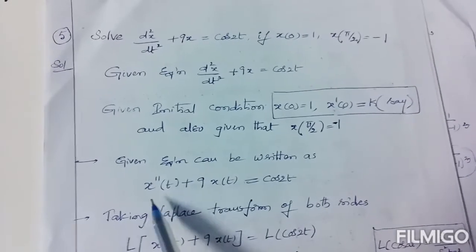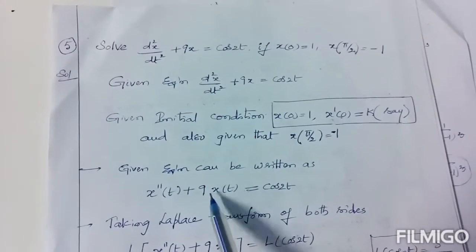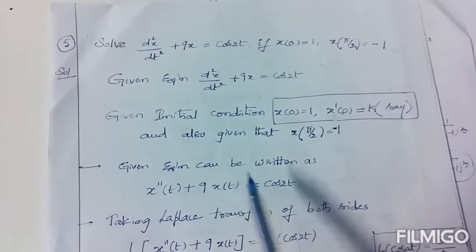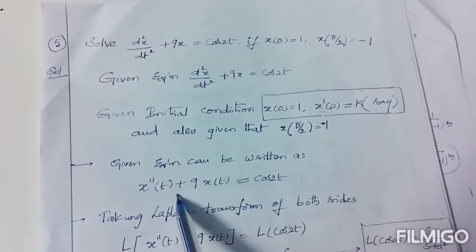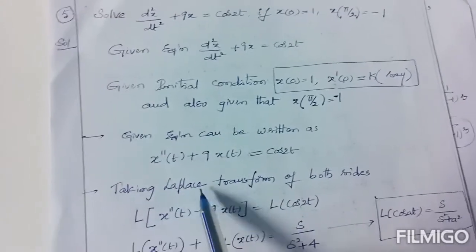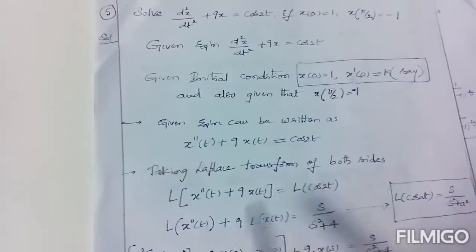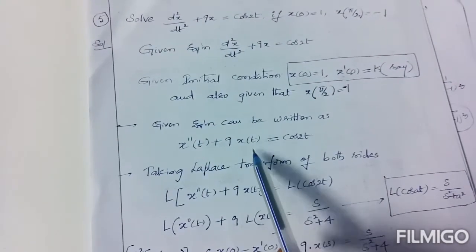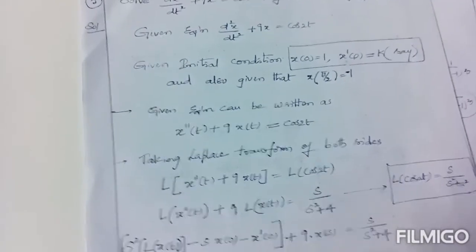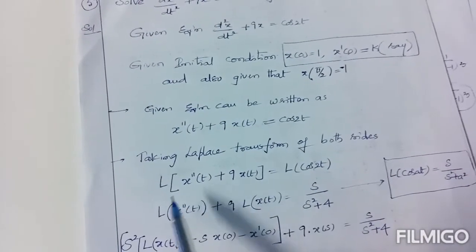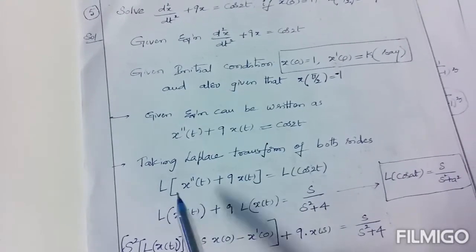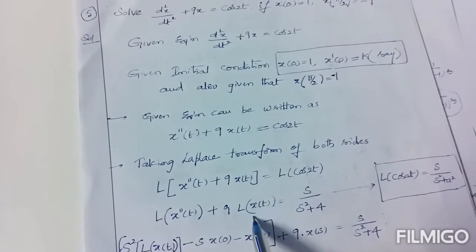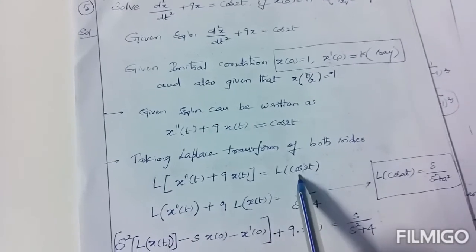In the previous problem, y double dash of t plus y of t was there, but instead of y, x is there. So as per the working rule, first take the Laplace transform of both sides, L of left side, L of right side. Now enter L into the bracket: L of the first term plus 9, which is a constant and stays outside, L on the second term, equal to L of cos 2t.